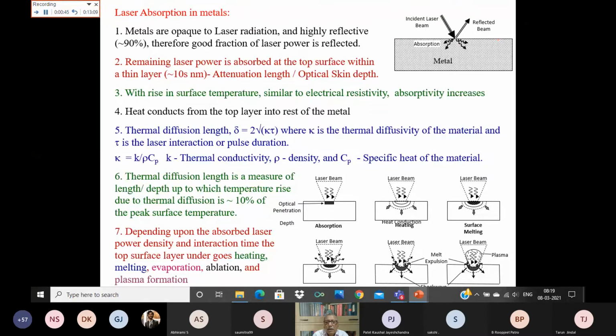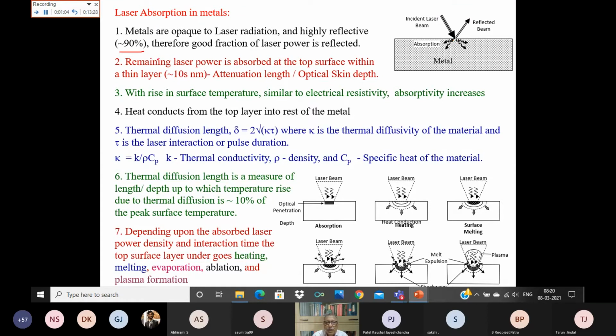So a good amount of the incident laser power is reflected. It could be as high as 90% reflected, and the remaining 10% is going to get absorbed.